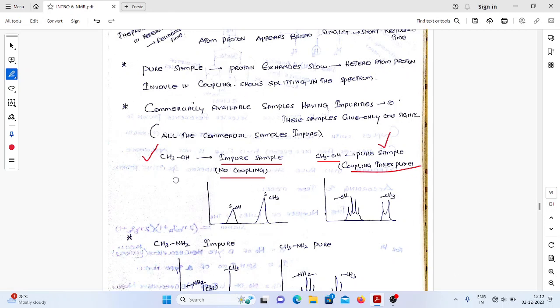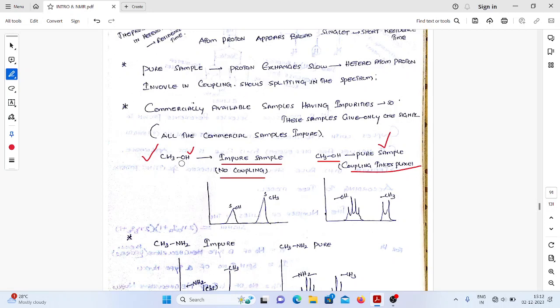We have methanol. Assume that we have a methanol sample. In the methanol, what happens? Assume two methanol molecules are there. So CH3OH plus CH3OH. So impurity is there. That's why this H is replaced with the H of the second methanol molecule. So this is a continuous phenomenon.